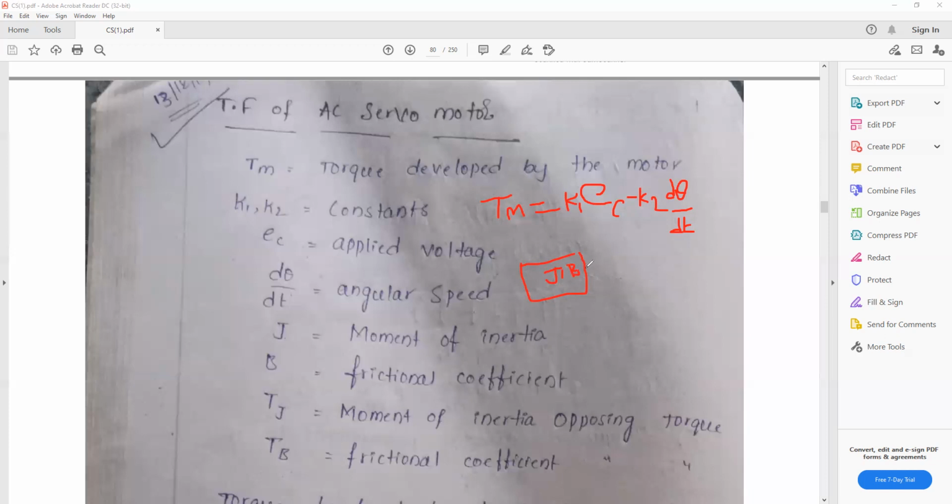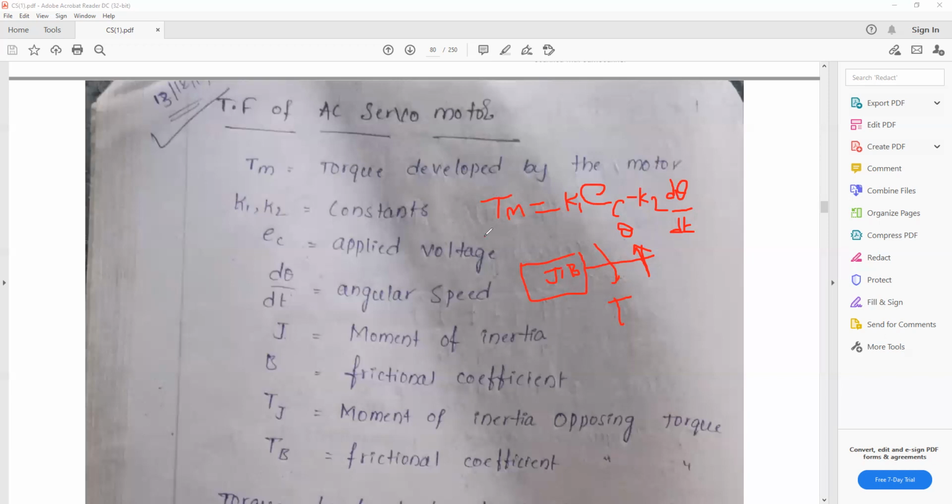J and B, and the connecting torque, applied torque T, and the opposing torques. Angular displacement theta, applied torque is T, and the same connecting load J and B, moment of inertia opposing torque Tj, frictional coefficient opposing torque Tb.